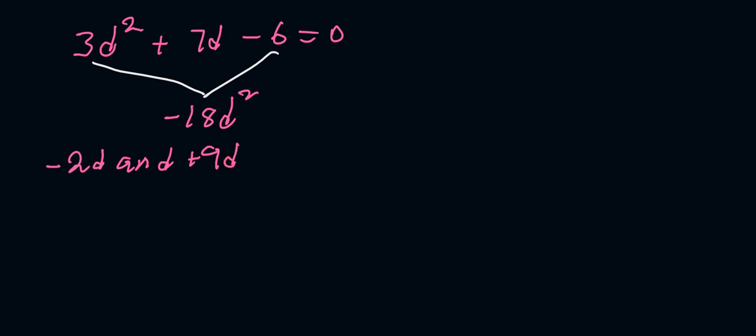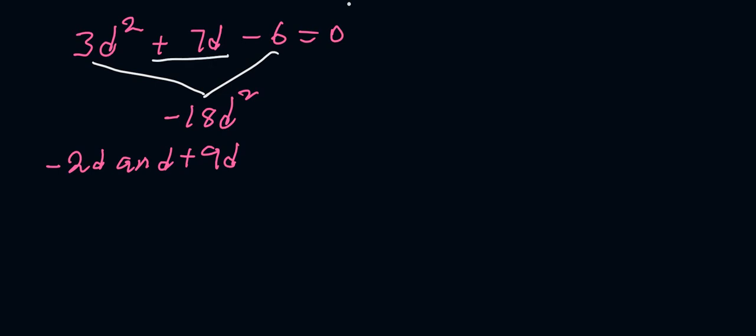So in the first place, we have negative 2d, and in the second part, we have plus 9d. So next is to take these two values and substitute them in this position.